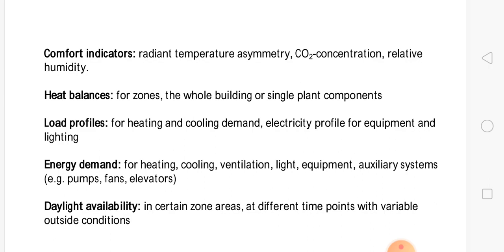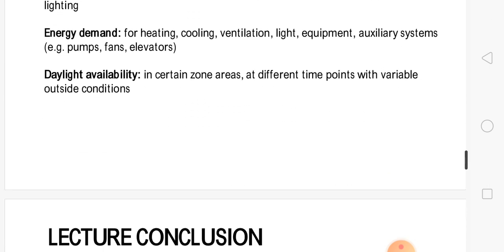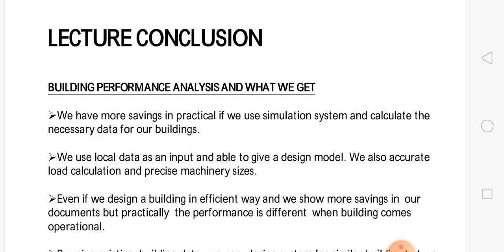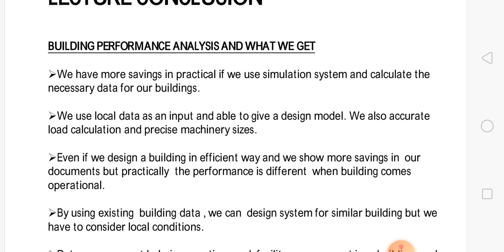So these are the simulation tools used to form data for the performance analysis, and that is sometimes called total building performance, TBP. By building performance, we can sum up some points: we have more savings in practice if we use a simulation system and calculate the necessary data for our building.